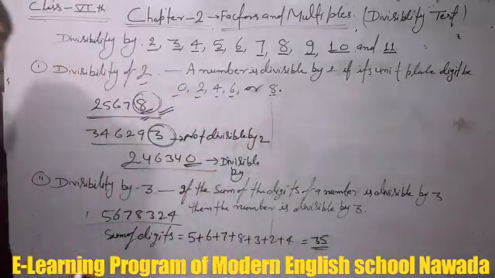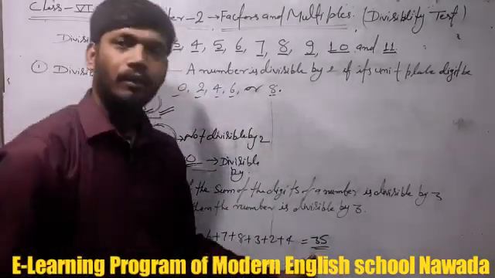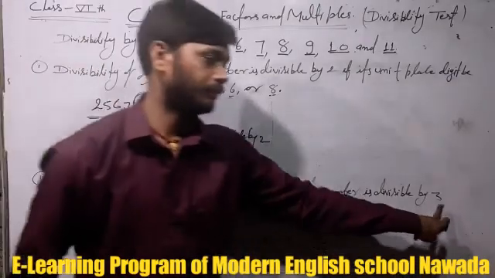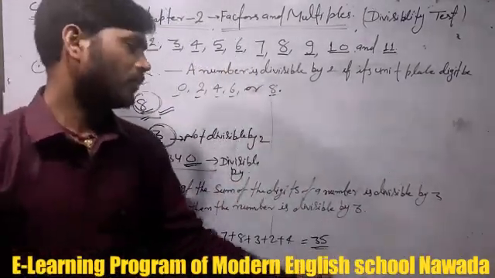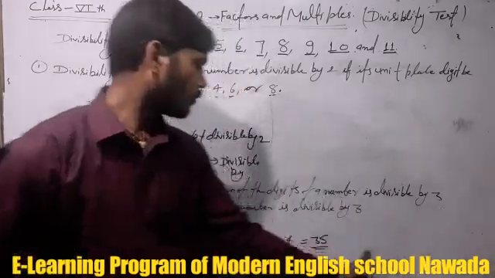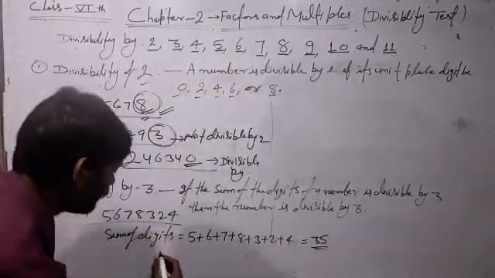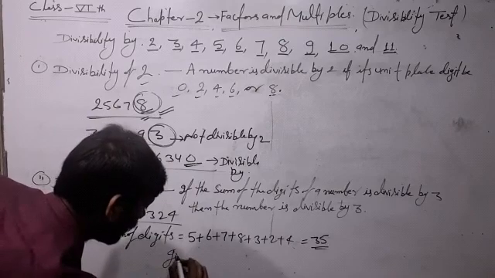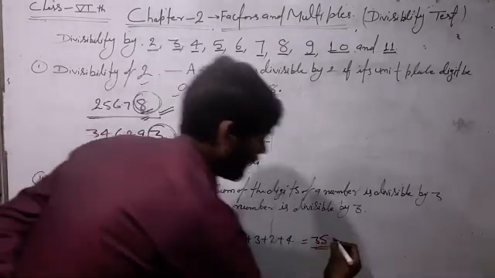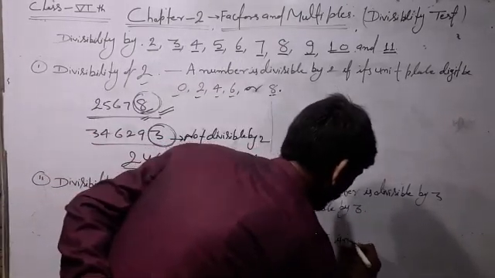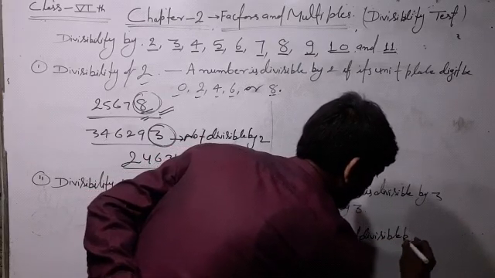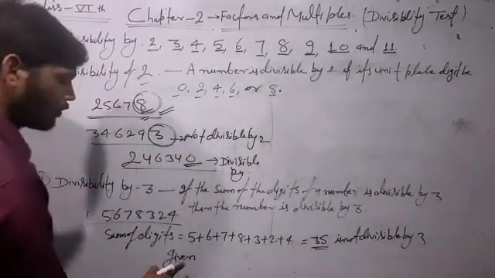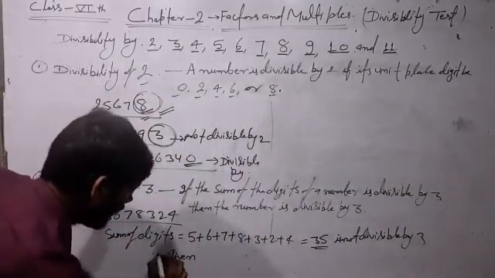You observe that 35 is not divisible by 3. 35 is not in the table of 3. So the given number is not divisible by 3.